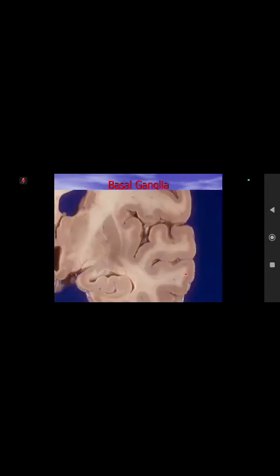And then the second migration of the cells that form the cortical plate bypass, so that those cell bodies differentiated to form the basal ganglia. I've just talked about them, and that is the basal ganglia that we're talking about here: the putamen, the caudate, the lentiform, which is globus pallidus and putamen, then claustrum.